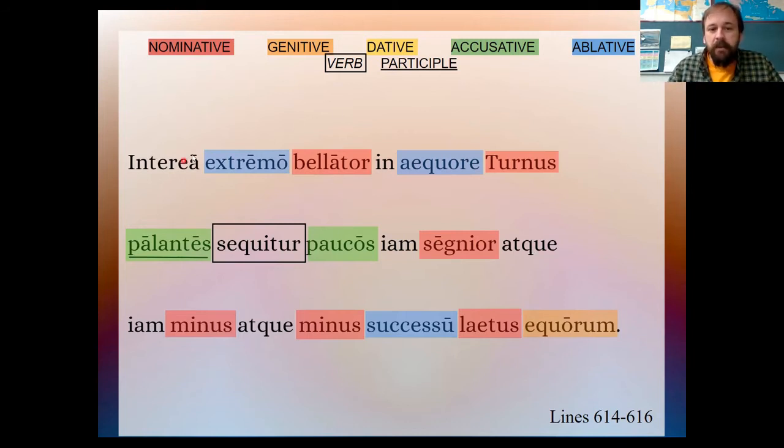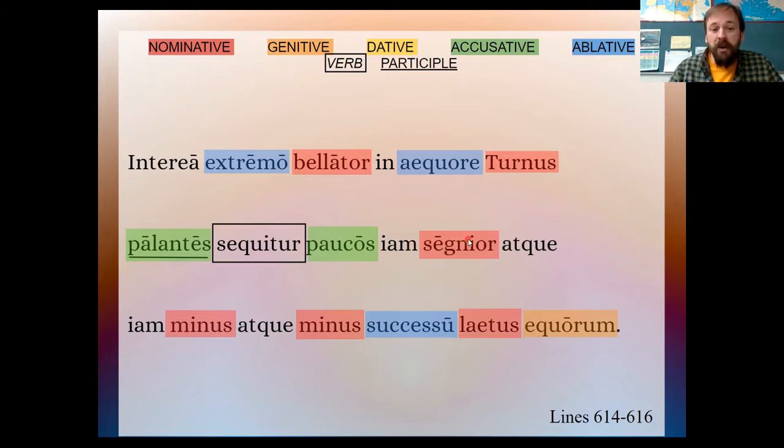Meanwhile, in the extreme field, or the furthest part of the field, the warrior Turnus follows a scattering few. He's chasing them. Iam can mean like already or now. Senior is glossed for us as slower. It comes from the adjective senex, meaning slow.